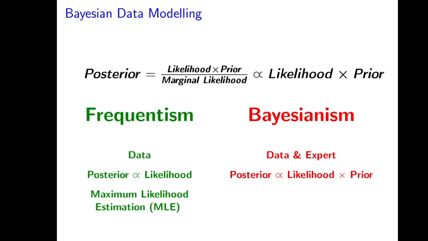So in the Bayesianism approach, the posterior is proportional to the multiplication of the likelihood probability and the prior probability. And this technique is called the maximum a posteriori, or MAP technique.